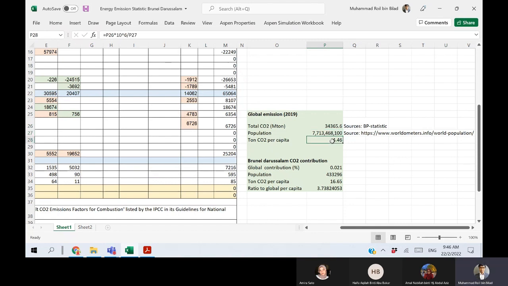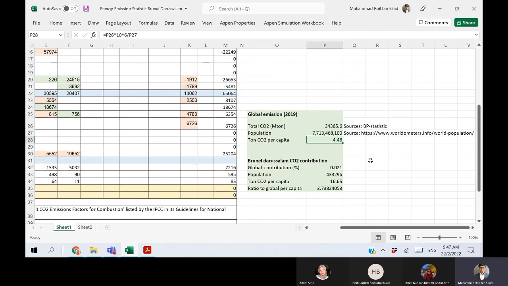So the total per capita is simple: the total emission divided by the total population. We emit around 4.5 tons of CO2 per person. Of course, this differs from one person to another, but the average is around 4.5 tons.